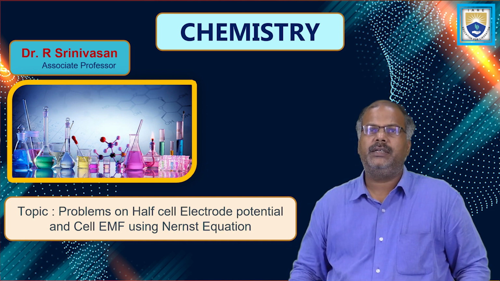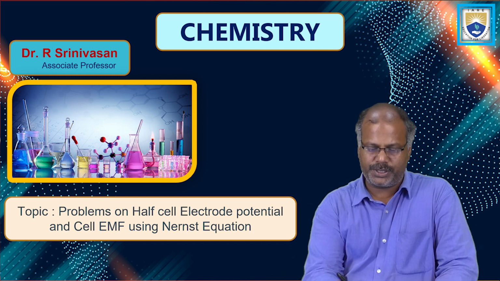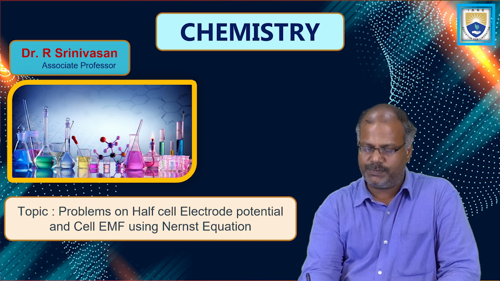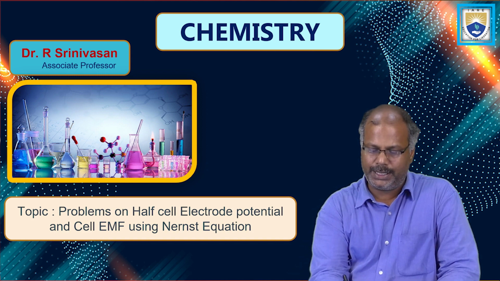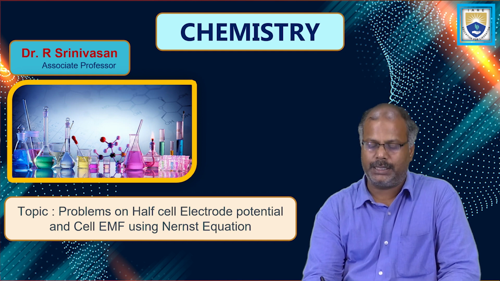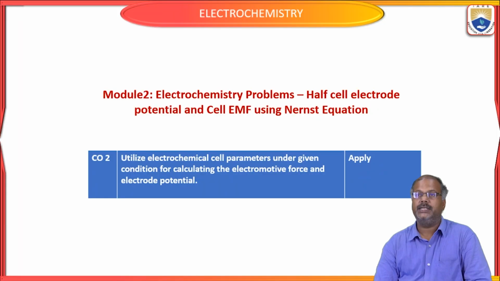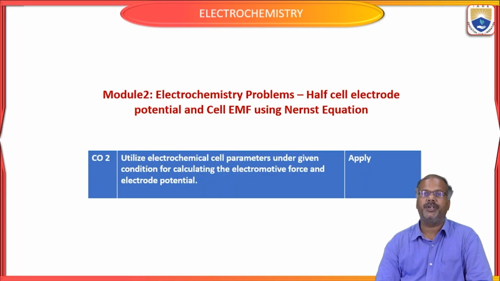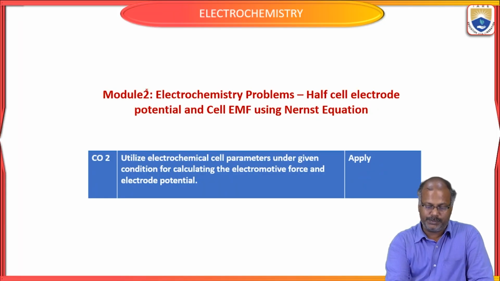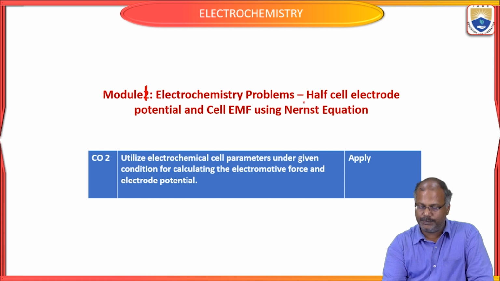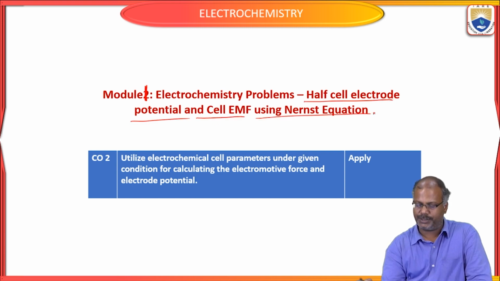So we will see in this video electrochemistry problems. In these problems, we will see half cell electrode potential and cell EMF, E0 cell, using the Nernst equation. It comes in Module 1, electrochemistry: half cell electrode potential and cell EMF using the Nernst equation.